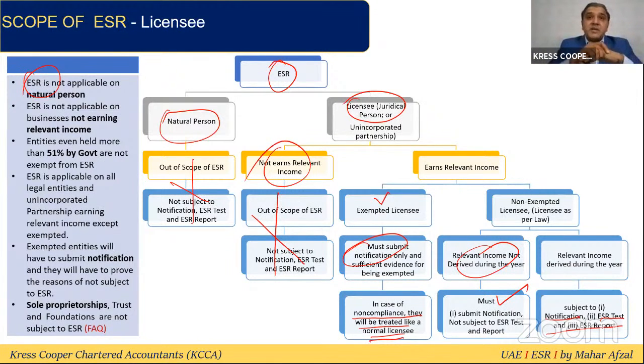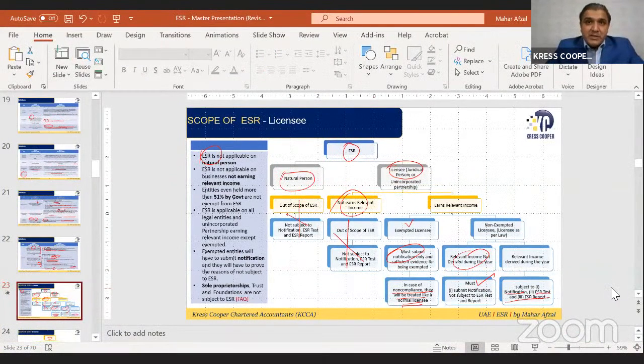Now, if the juridical person is earning income, we need to assess whether this income is being earned by an exempted licensee or a non-exempted licensee. If non-exempted licensee, it will be subject to ESR. If exempted licensee, even if they have not made any income during the period, they will still be subject to notification. So notification is compulsory for the exempted licensee.